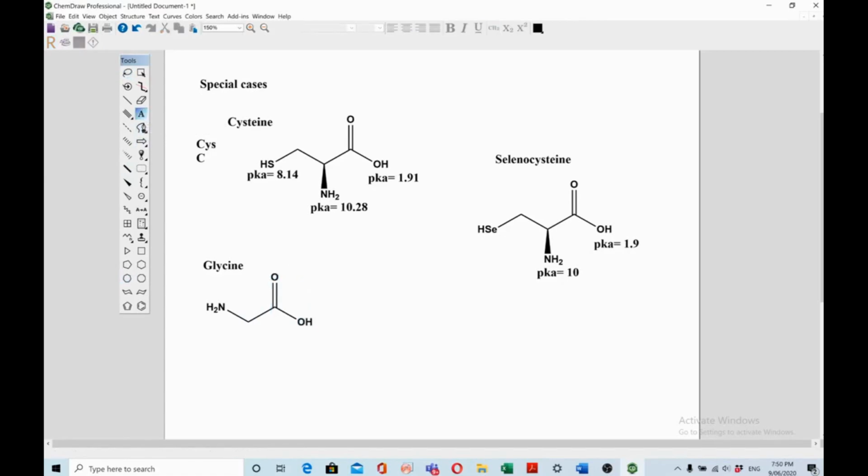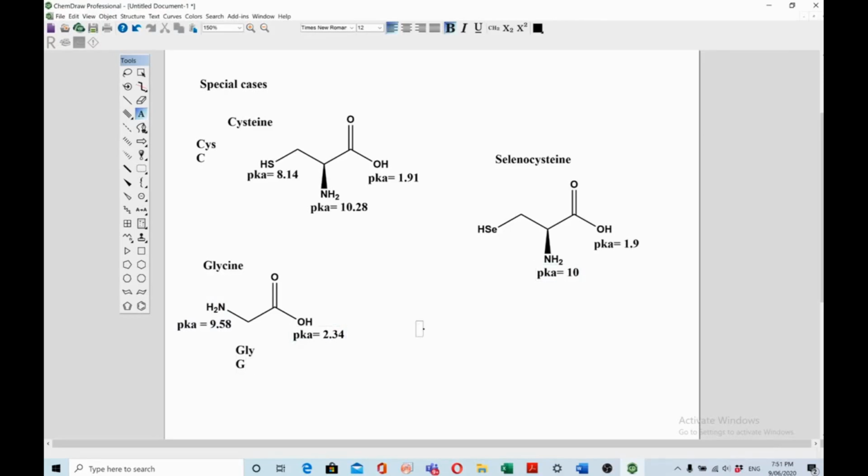The pKa for glycine's acid group is 2.34, and the pKa for this amine is 9.58. Glycine is GLY, and the 1-letter code is G.